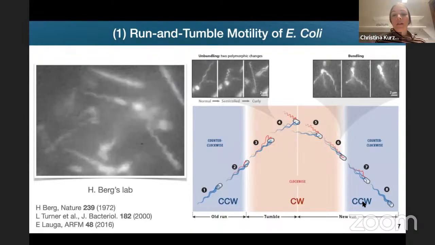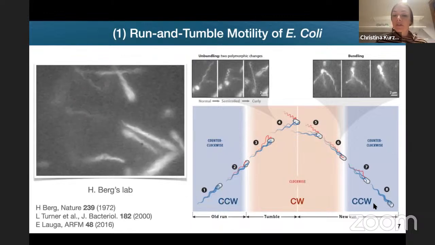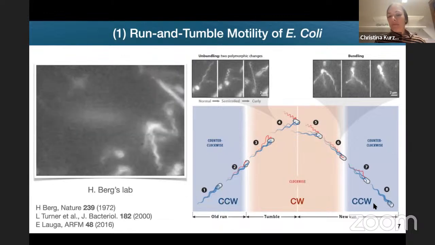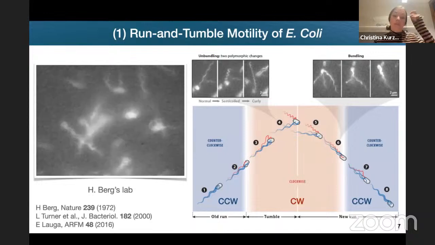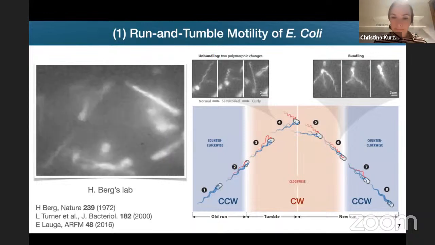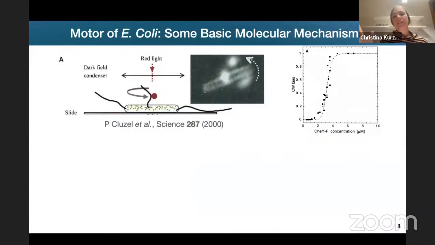And now this whole process relies on a complex chemical machinery that is responsible for the rotation of the motors. I'll just give you some really basic molecular mechanisms and focus on two proteins that I know about, but I'm certainly not an expert on this whole chemotactic signaling pathway that these cells have.